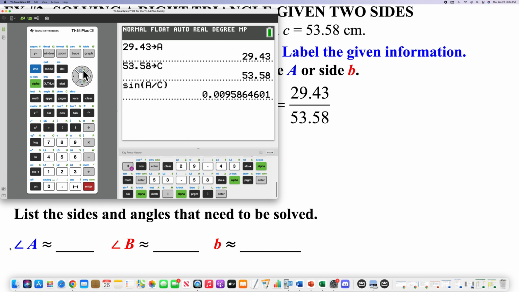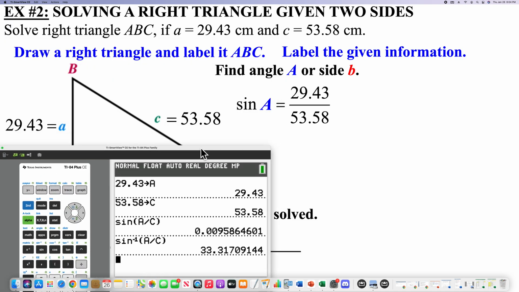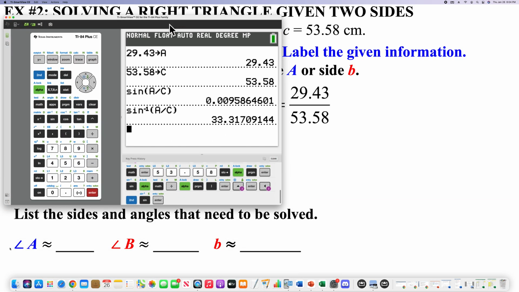All right, let's go copy it. Put your cursor on the S. Hit second sine. There we go. Now it's fixed. 33.3170914. Because my problem has everything to 2 decimal places, let's go 2 decimal places, so 33.32 for angle A, right there.